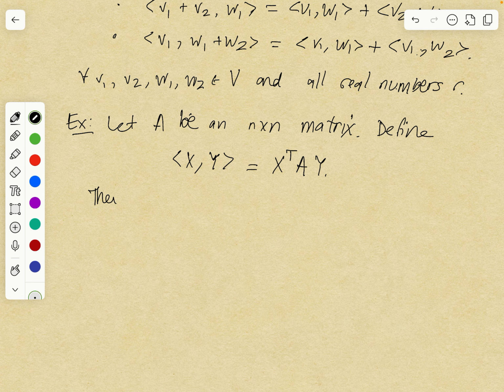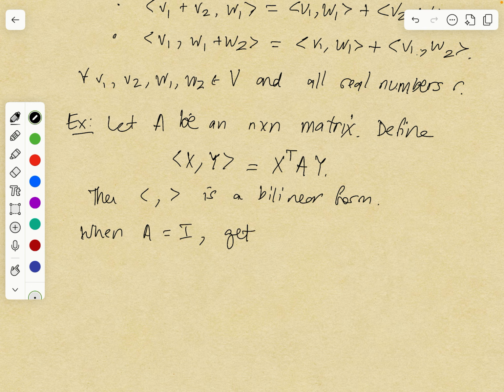Then one can check that this is a bilinear form. Okay, pretty standard check from the definitions, just using the properties of matrix multiplication. And in particular, when you take A to be the identity, you just get the dot product, right? It's just x transpose y. So this is a generalization of the dot product.